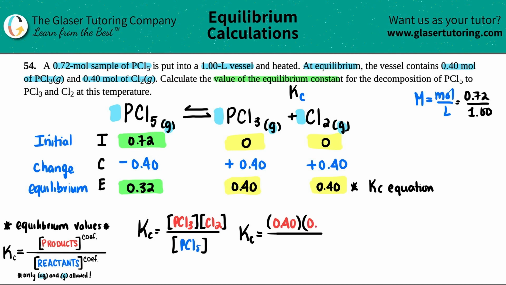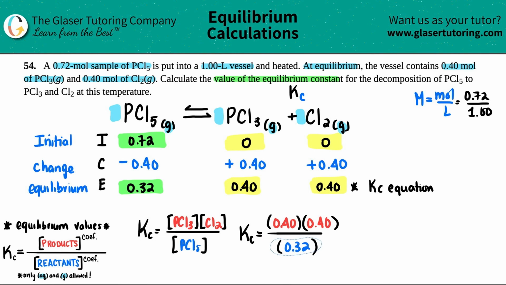So technically that would be 0.4 squared, right? And then I'm dividing it by the 0.32 because I only take the numbers at equilibrium. They gave me 0.72, but you see that the 0.72 doesn't go in here. No initial values go into this equation.